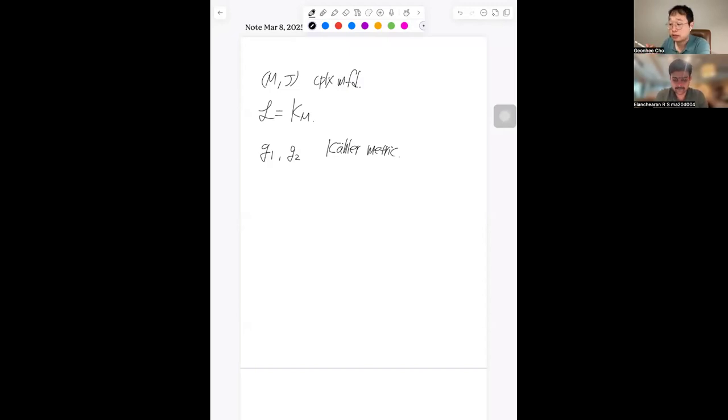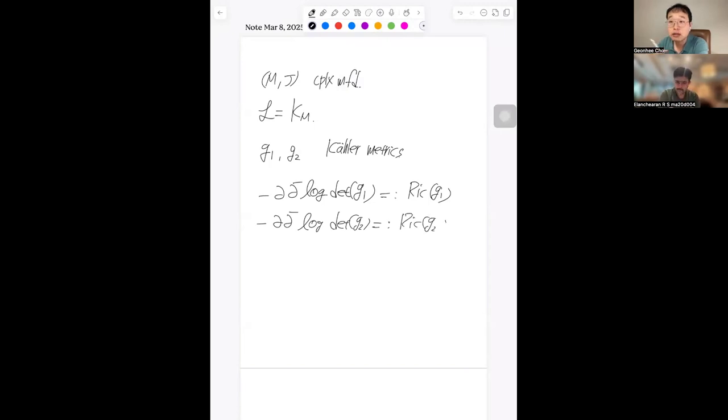Now if we provide two Kähler metrics, then one is negative dd bar of log of determinant of g1, which I call the Ricci curvature two-form, Ric of g1. And we also have another one, negative dd bar of log of determinant of g2. This is Ric of g2 for sure.